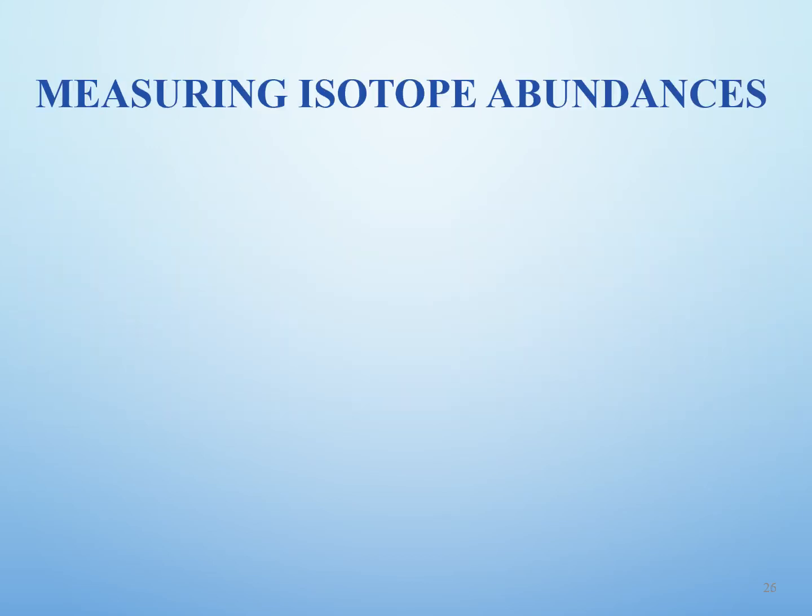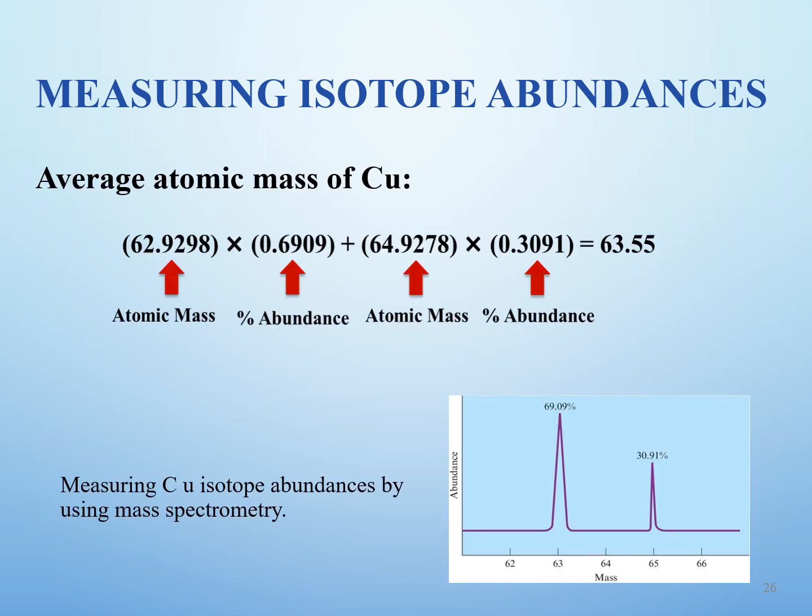So how do we calculate these isotope abundances? The formula is, remember, the atomic mass, the AMU, times the abundance, and the abundance I mentioned is a percentage, but you divide it by 100 to get a fraction out of 1, so 0.6909 for 69.09%.